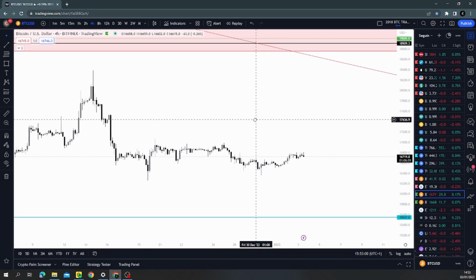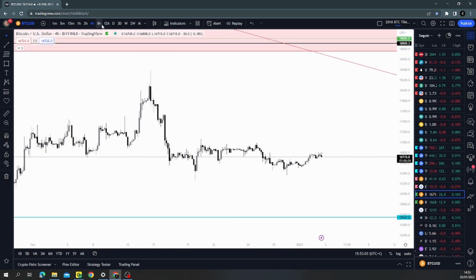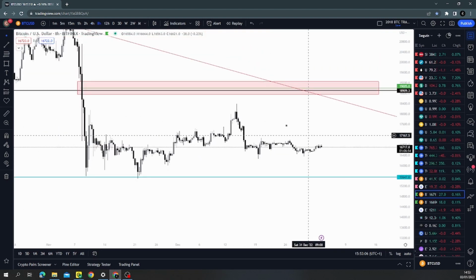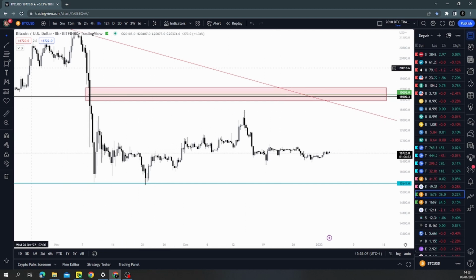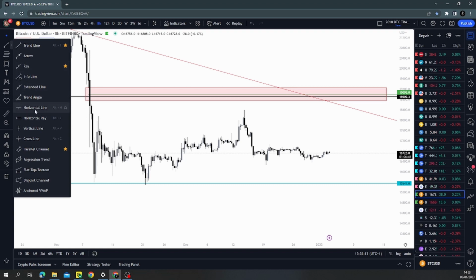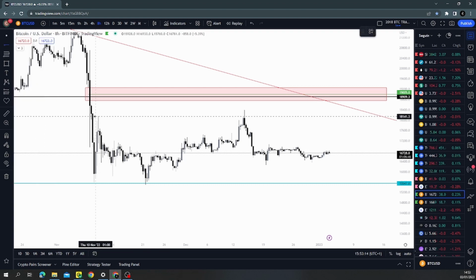If we go to the 8 hours, we can see another range. We're gonna mark the range from this swing high and swing low.